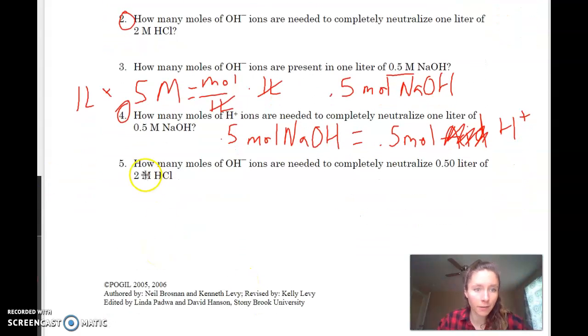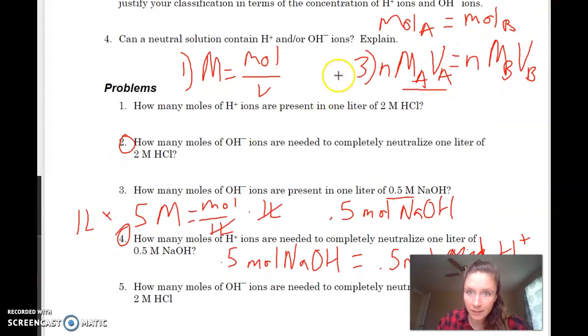Because 5 is similar to 2 and 4, I'm going to give you a question where it's clear that you would just be using equation 3 by itself.